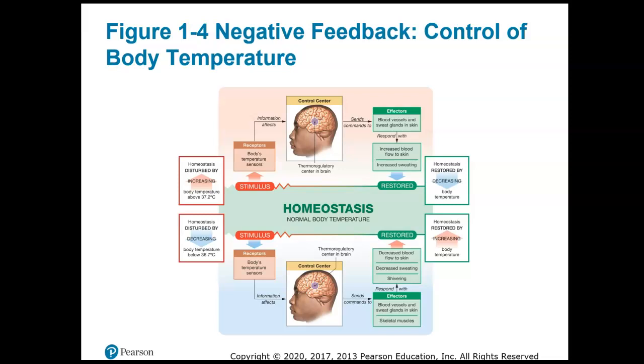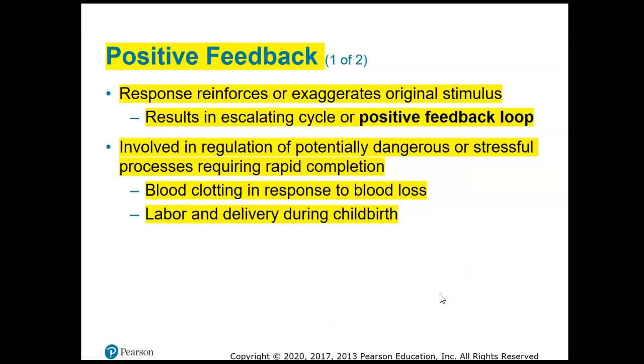Your muscles won't work and your nerves won't work because they depend on this healthy range of blood calcium levels. Blood pH, blood pressure, breathing rate, these are all different things that are maintained by negative feedback.